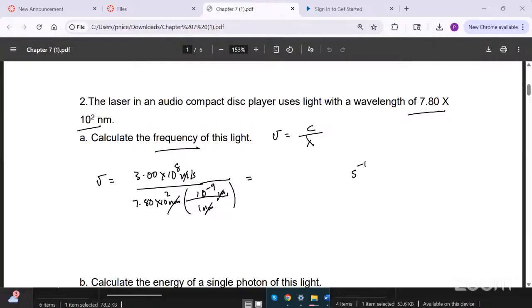And according to my calculation, rounded off to 3 sig figs again, I got 3.85 times 10 to the 14 seconds to the minus 1. And that's how that is done. Any questions about this one?